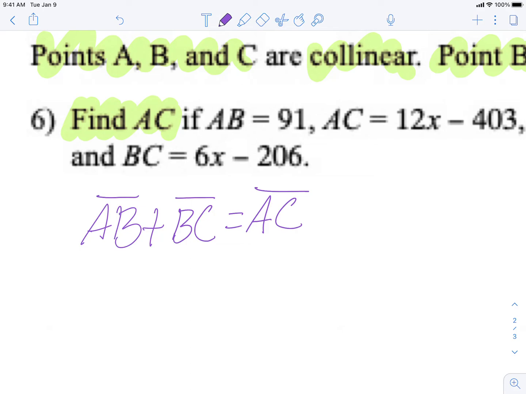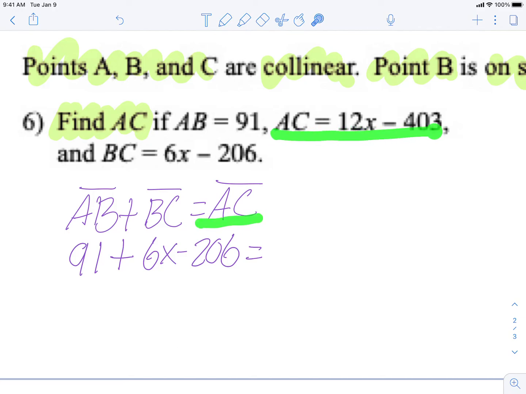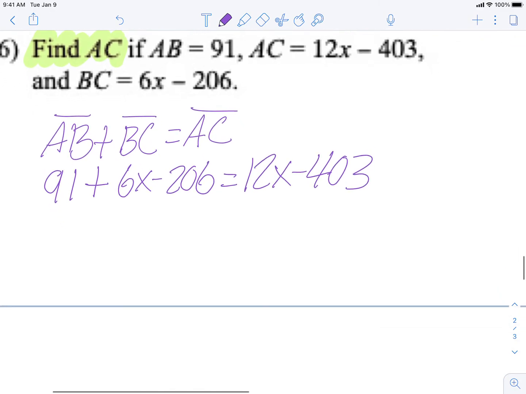So let's substitute. How much is AB? AB is equal to 91. So this is 91 right here. BC is equal to 6x minus 206. 6x minus 206 is equal to AC, which is equal to 12x minus 403. So let us draw our line of separation, right?